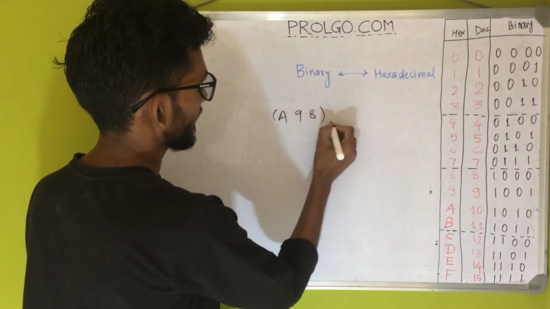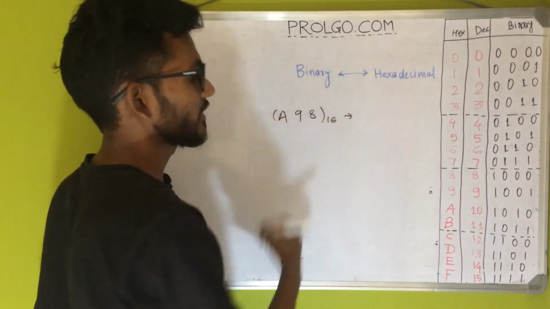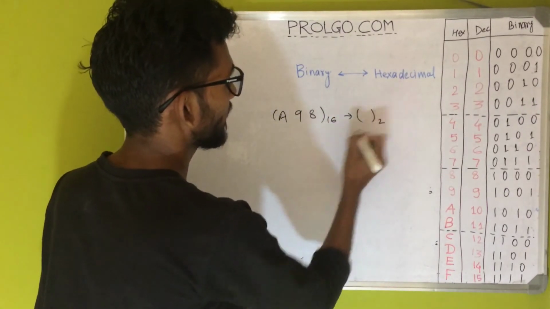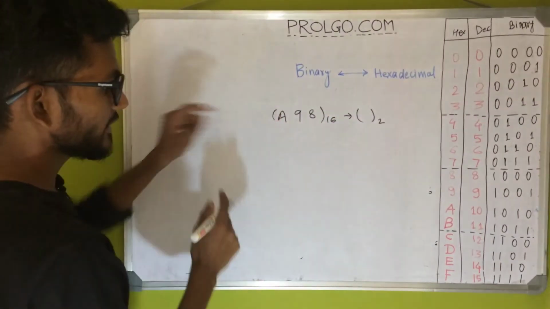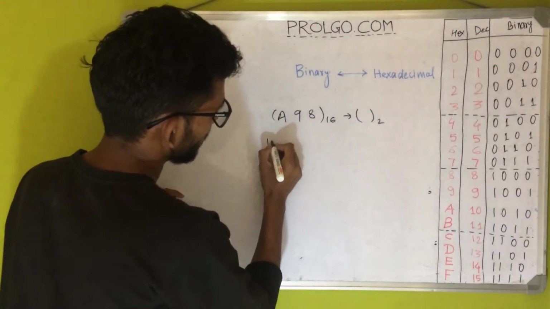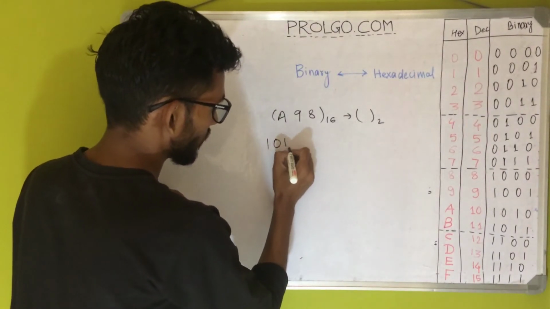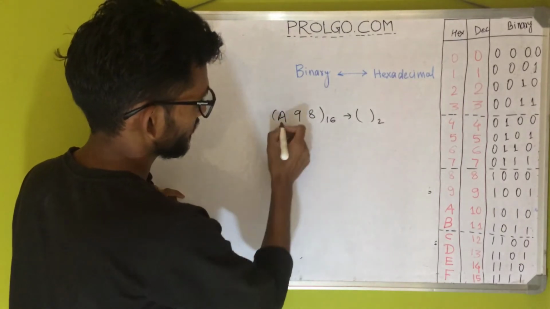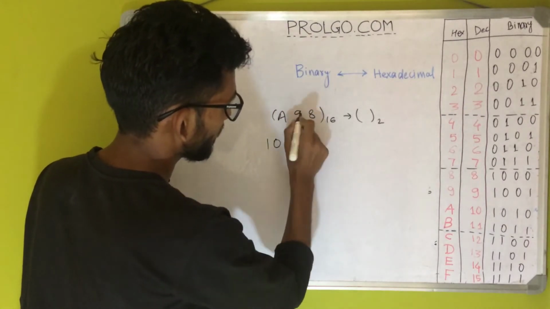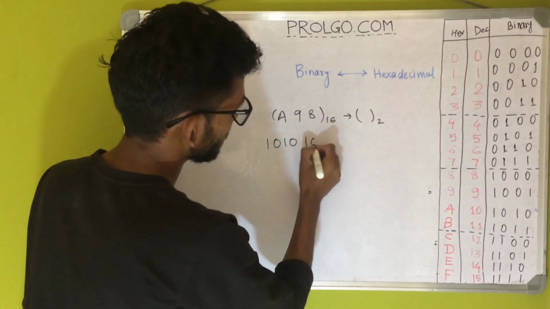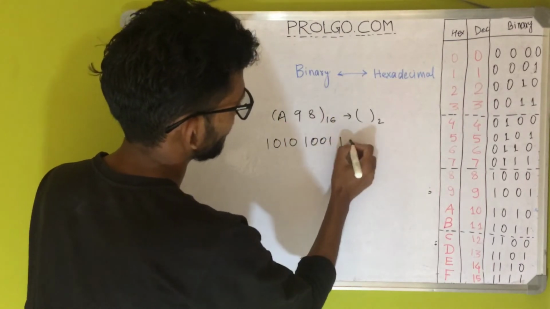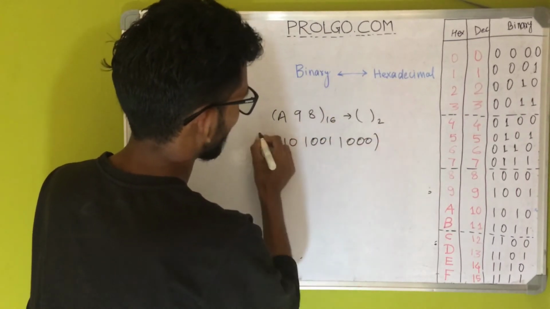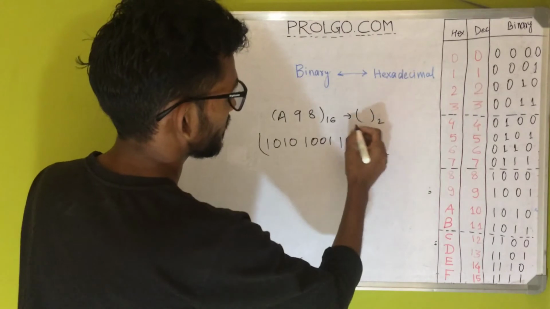This is in hexadecimal, and we have to convert into binary. So A is 10, so you can write 1010 for A, and for 9 you can write the binary equivalent 1001, and for 8 we can write this one, and this is now in binary.